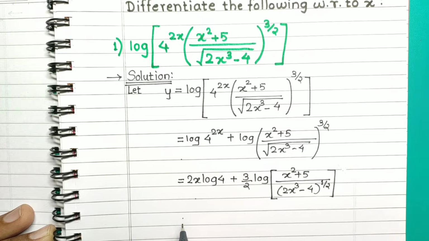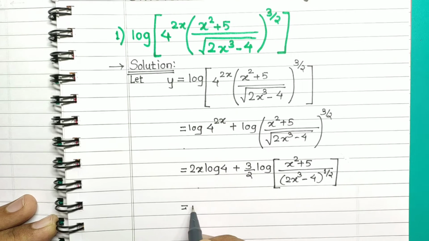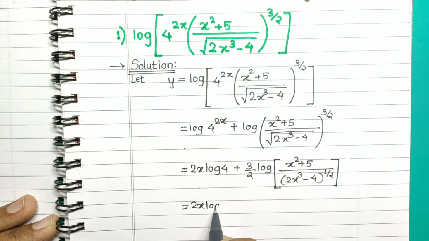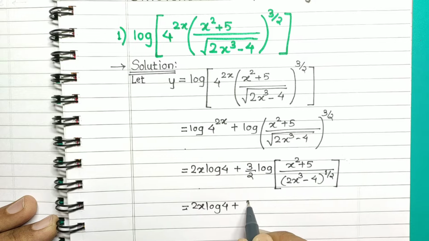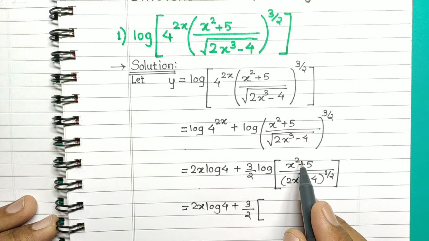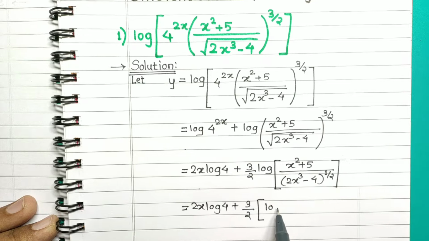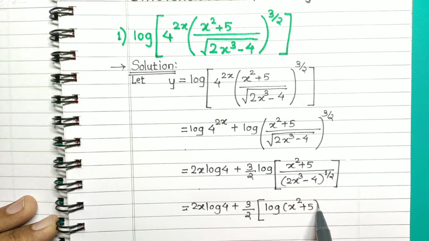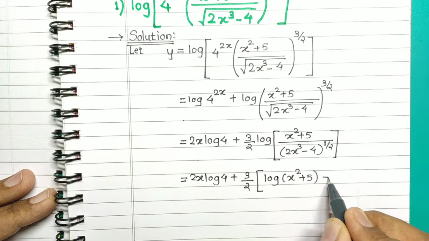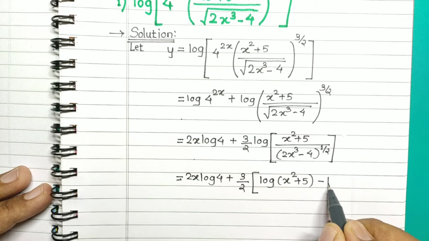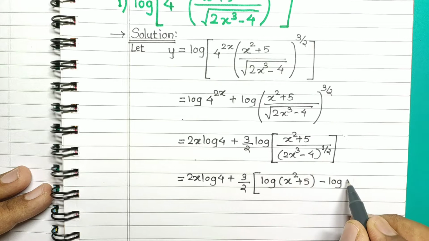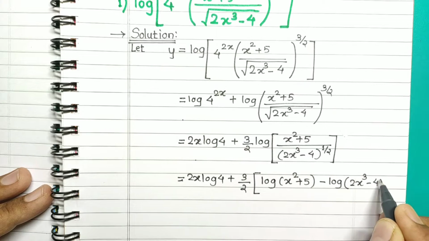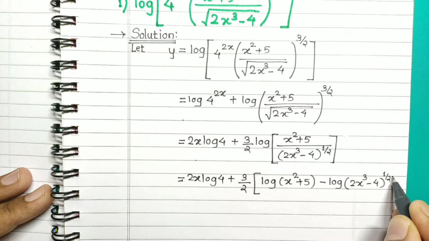So we have 2x into log 4 plus 3 by 2 into, we can write this quotient as log of x square plus 5 minus log of the new denominator, which is 2x cube minus 4 raised to half.